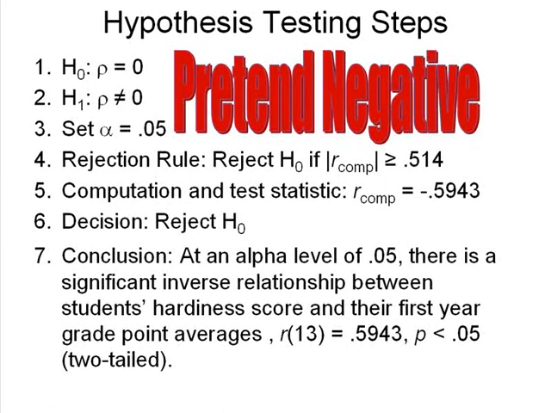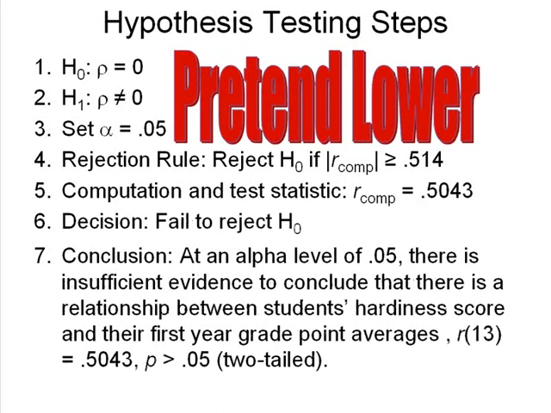Let's also see what we would have done if we would have gotten a score that was lower than 0.514, so was not significant. What if we would have computed an R comp and it would have been 0.5043? In that case, our decision would be fail to reject H0, and our conclusion would be at an alpha level of 0.05, there is insufficient evidence to conclude that there is a relationship between students' hardiness scores and their first-year grade point averages.